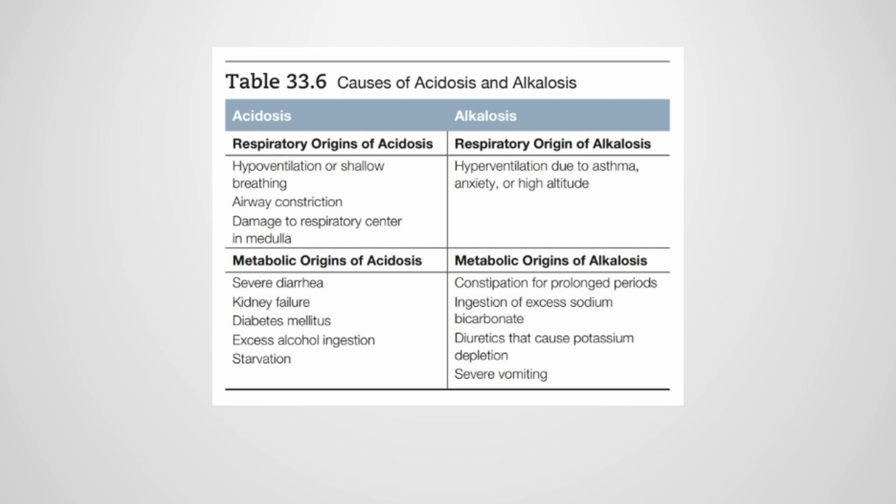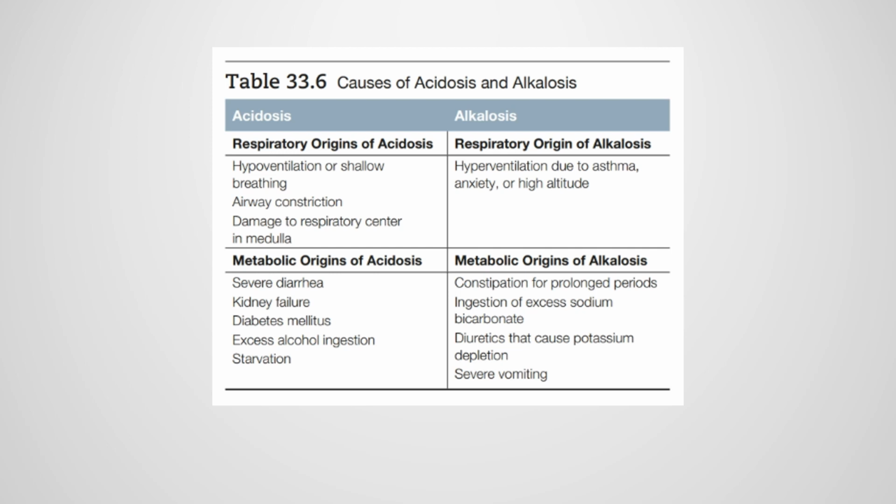So in DKA, diabetic ketoacidosis, this is only in type 1 diabetes because it's an insulin deficiency issue where you start to break down fat for your energy because you don't have insulin to get the sugar into your cells.